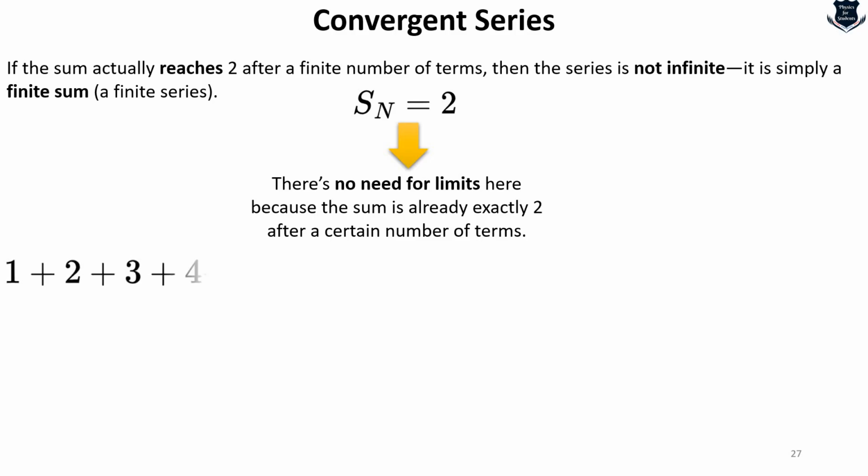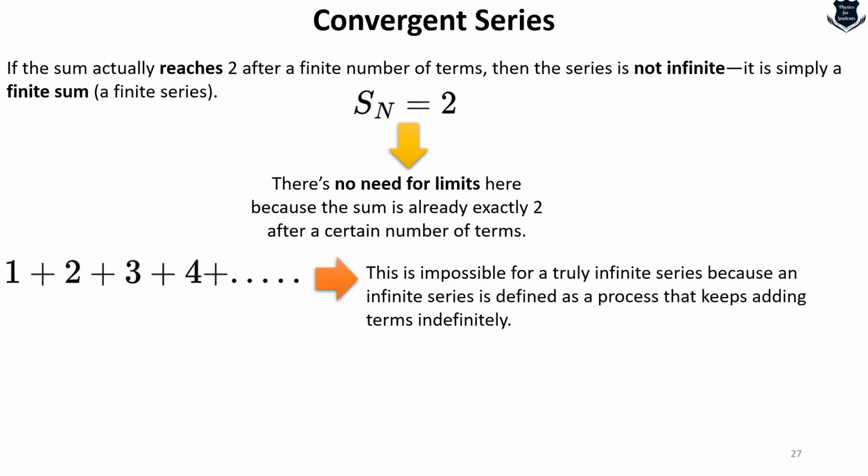The second thing is that this series, 1 plus 2 plus 3 plus 4 and so on, is impossible for a truly infinite series, because an infinite series is defined as a process that keeps adding terms indefinitely. So if something is indefinite, how can it become a finite series?